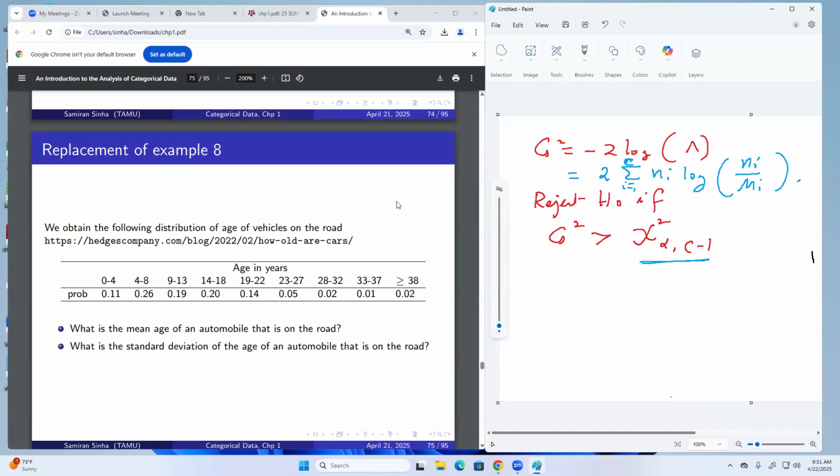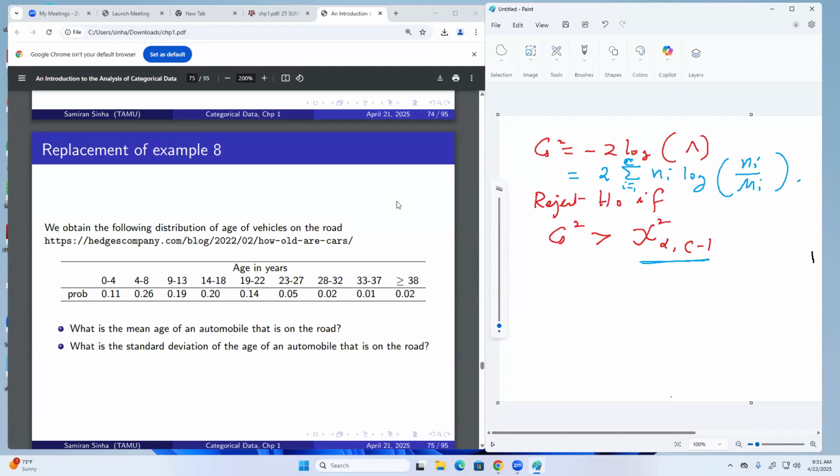What is the probability that a randomly chosen car in the year 2022 is of age 4 to 8 years? It is 26% probability. So this is the age distribution of the cars in 2022.